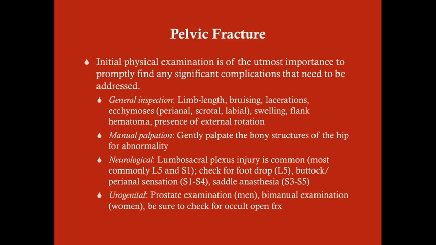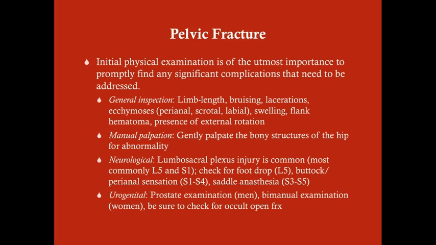And it's not uncommon, if you palpate a little too aggressively, that you may cause more injury to the arteries and veins. And so you want to do this very, very gently. You're not feeling deep for any kind of structures down there that you'll find on the x-ray or on the CT. What you're feeling for with the manual palpation is just anything more peripherally, externally, that you can document.